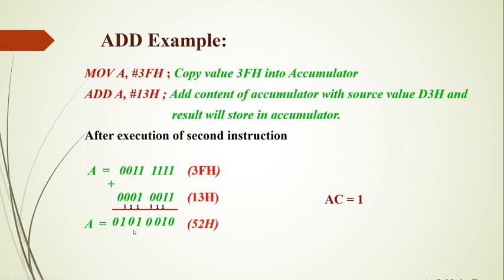We get the answer as 52H. As no carry is generated from the 7th bit, the carry flag is 0. And the result of this addition is not greater than FFH, or not greater than 8 bits, so the overflow flag is equal to 0.